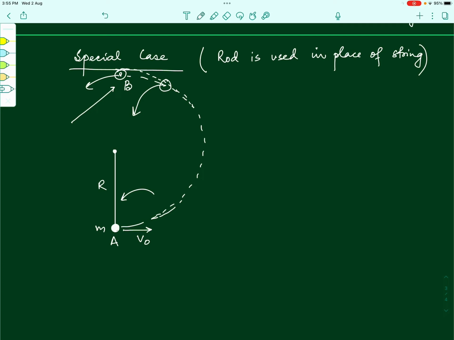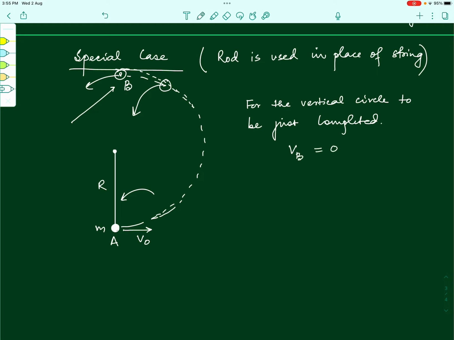Now, the velocity can become 0 because there is no role of tension anymore, right? So, in this case, we say that for the vertical circle to be just completed, the velocity at the point B now should become 0.